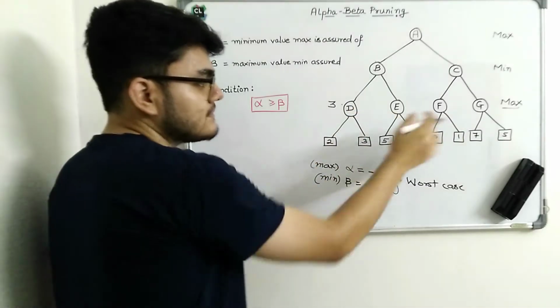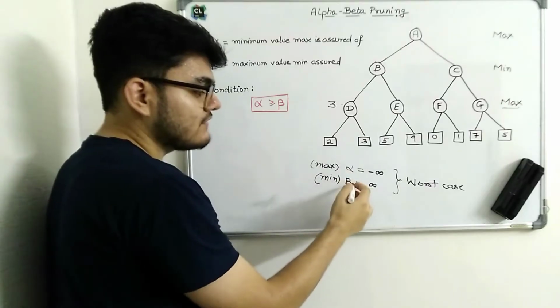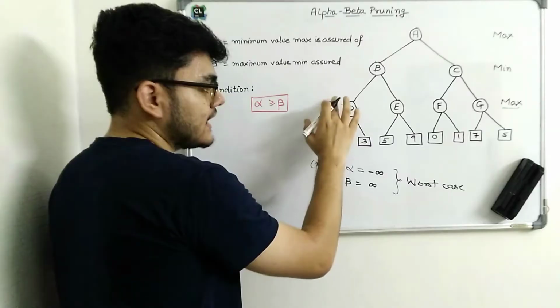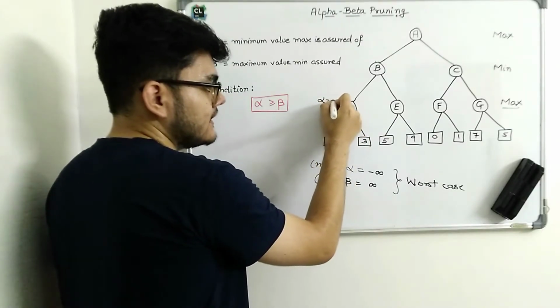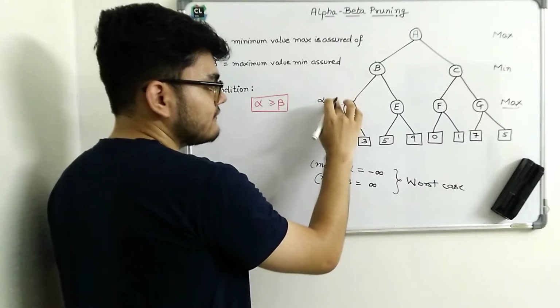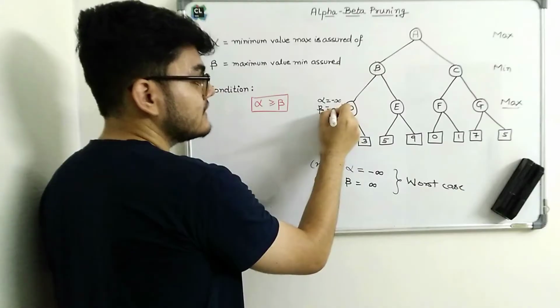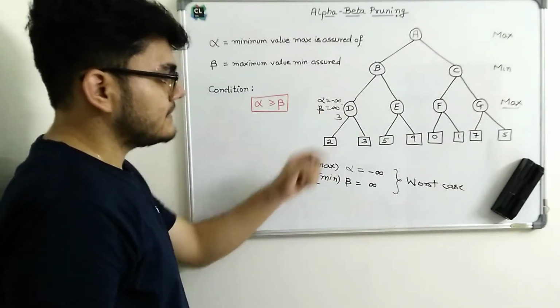So here we have the maximizer, and we know that for each game state we will have these two values. Initially they were equal to negative infinity and positive infinity, so I'm just going to write here that initially the value of alpha is equal to minus infinity and the value of beta is infinity, right? So these are the values of alpha and beta.